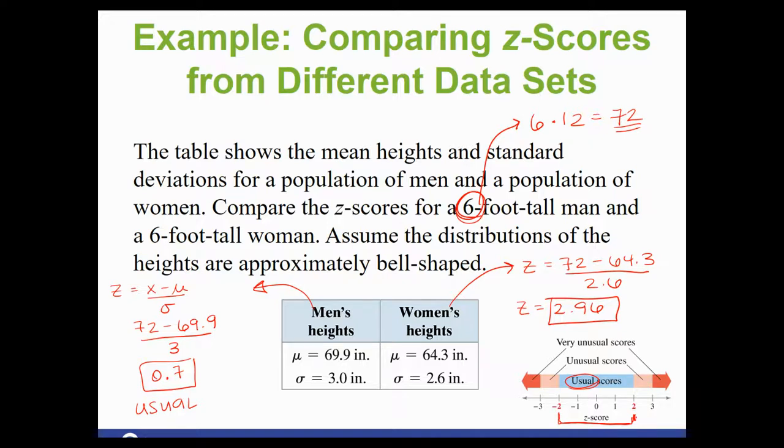Now, if you get a z-score between 2 and 3, or between -2 and -3, we would say it's unusual. So that would be our case here with the women. This is unusual to see a 6 foot tall woman. And if you have anything smaller than -3 or bigger than +3, that's very much out to your outer ends of your normal curve, we would say very unusual.